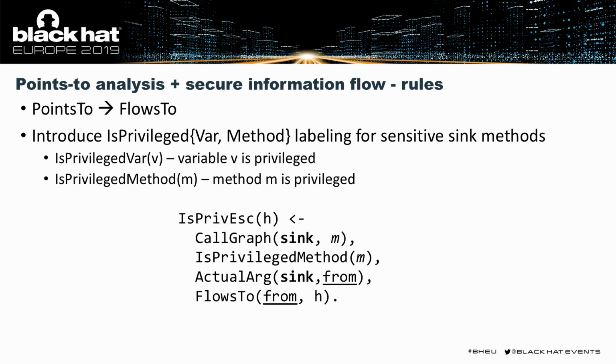For example, if we lift this reasoning to talk about privilege escalation of some heap location in general, you could introduce two methods for sensitive sink methods, and then you have to construct a call graph. Call graph is yet another sub-lecture about JavaScript. It's very hard to construct because it's completely dynamic.